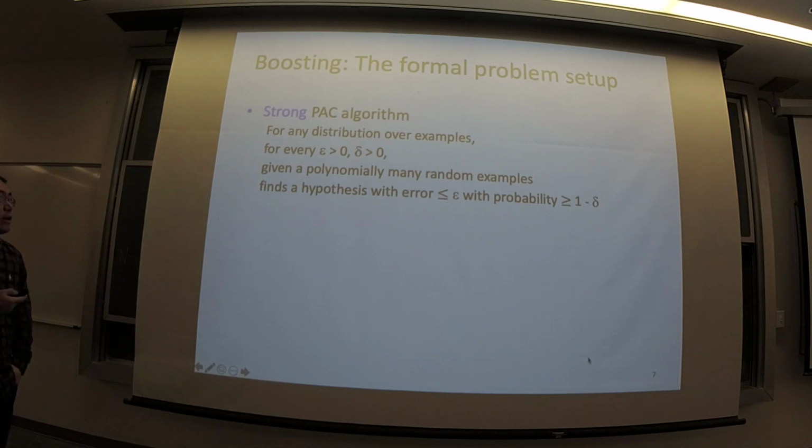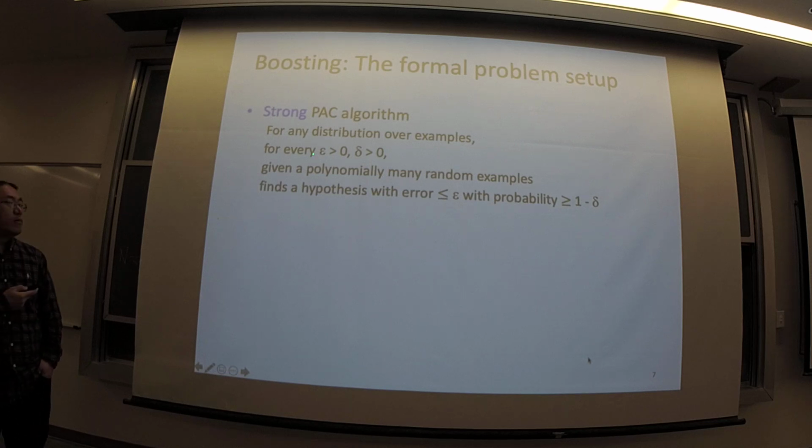So here I want to introduce the formal setup for boosting. I want to define what is a strong PAC algorithm and what is a weak PAC algorithm. So a strong PAC algorithm directly comes from the definition of PAC learnability. So we call a machine learning algorithm a strong PAC algorithm if for any distribution over the training examples and test examples, namely the instance space, right?